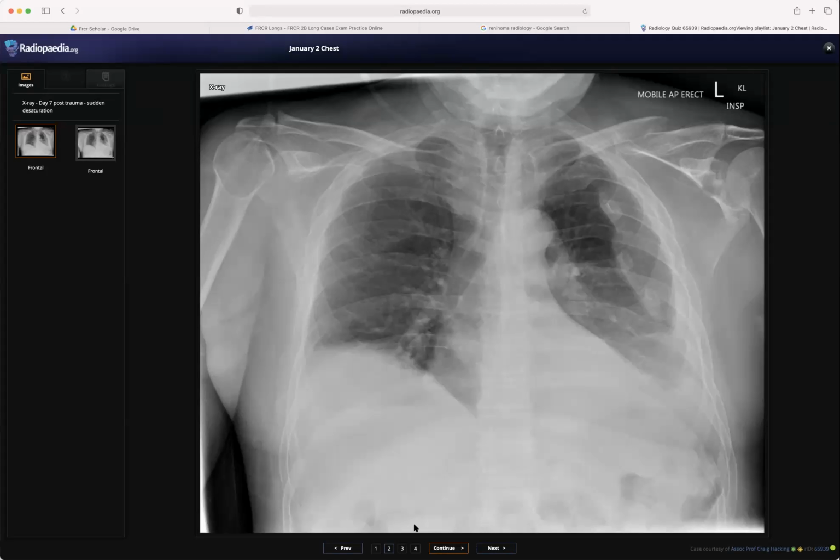And also the left retrocardiac region is showing a triangular opacity, which could be the left lower lobe collapse.